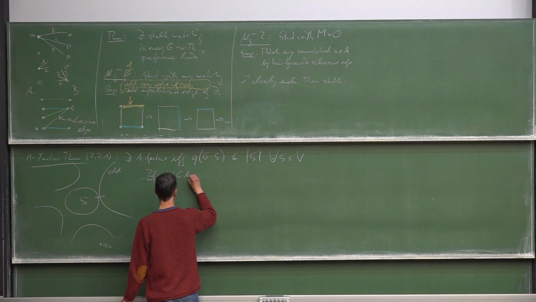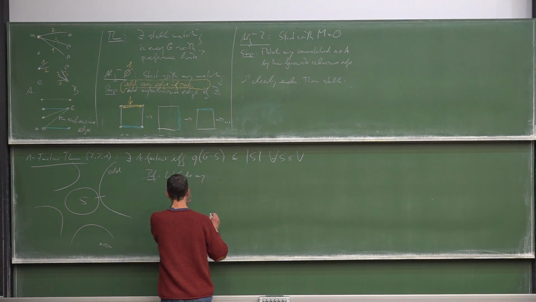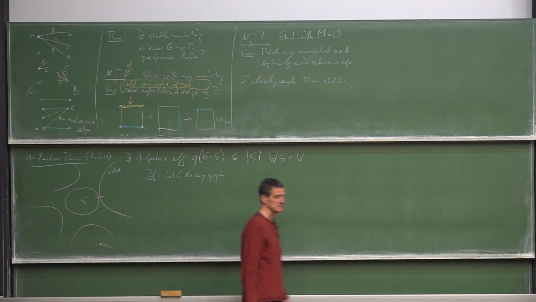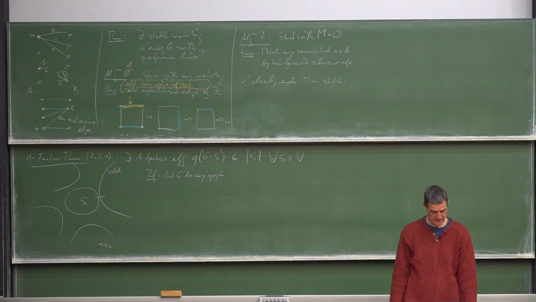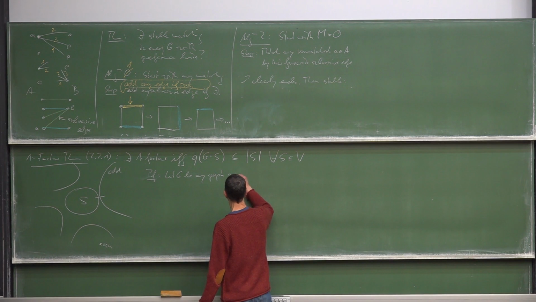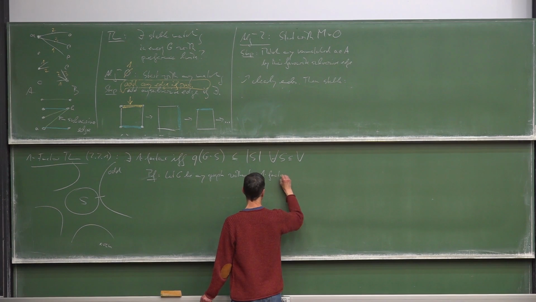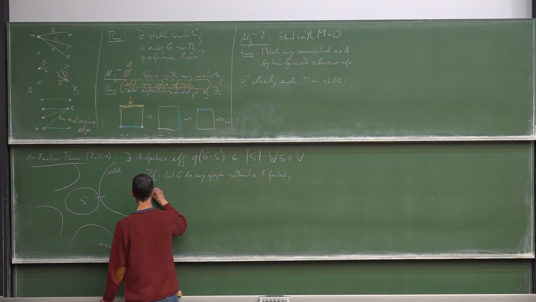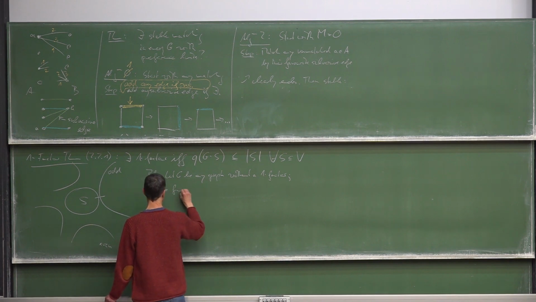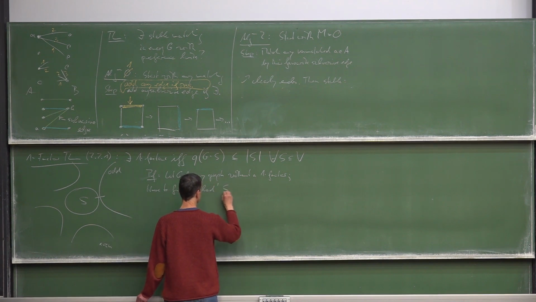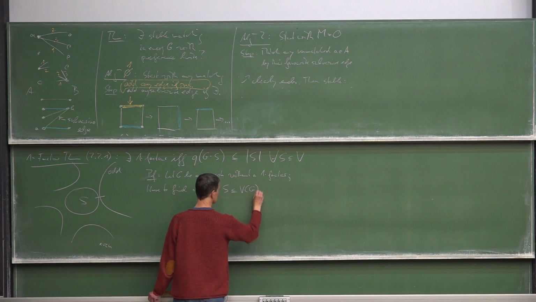So let G be any graph without a one factor. We have to find a bad S.